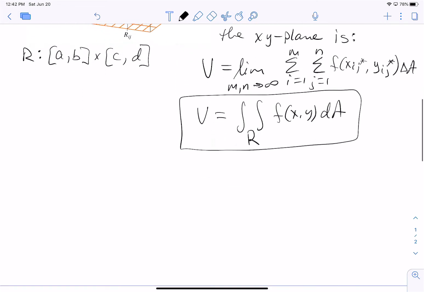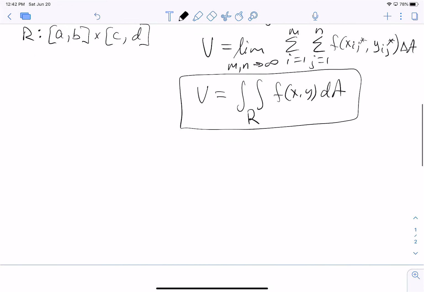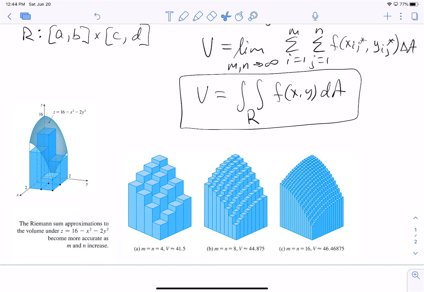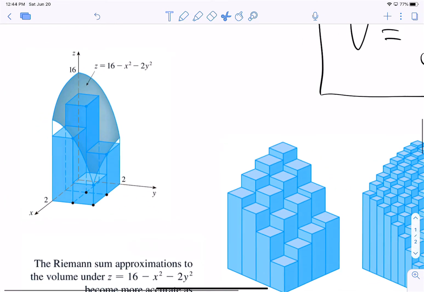To see what's going on with the limit, I have a series of diagrams for you. In these diagrams, what's depicted is the area under a surface z equals 16 minus x squared minus 2y squared above the first quadrant. So this surface is in the first octant. And you can see that using 4 rectangles, we kind of miss a lot of the space.